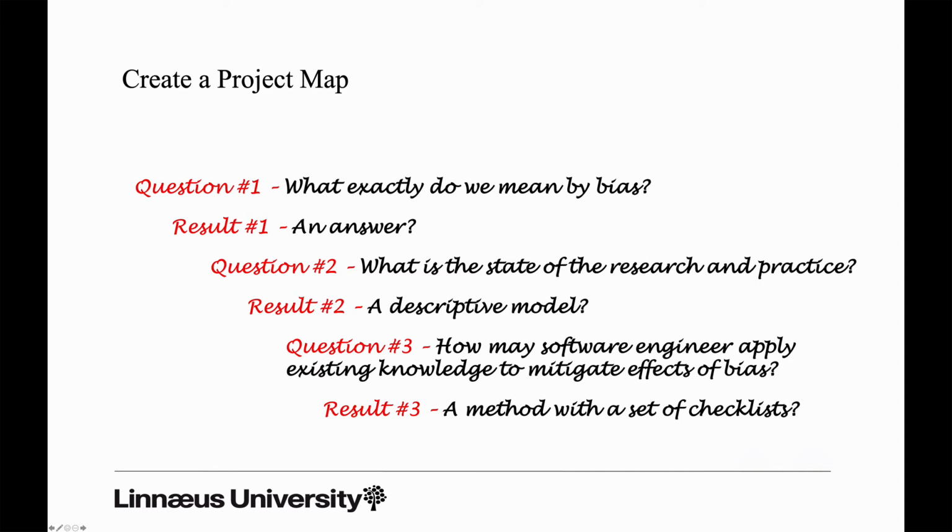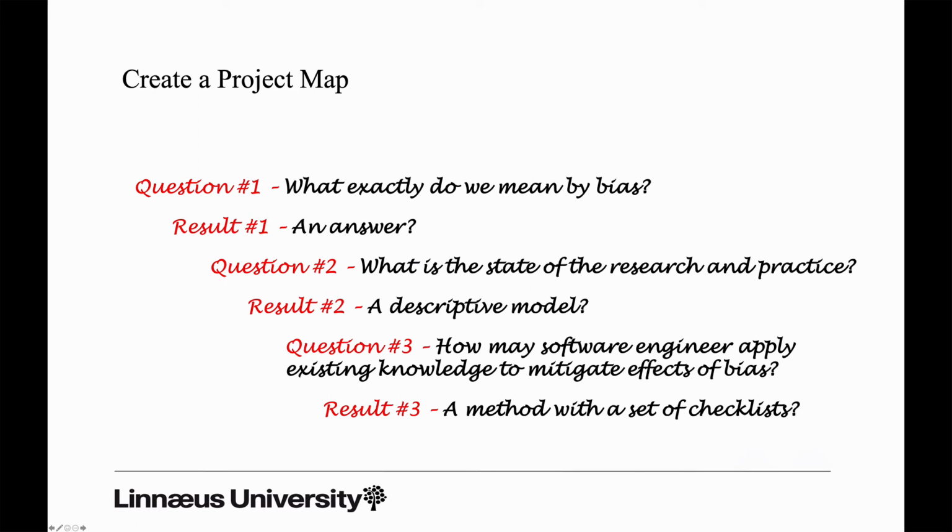Okay, so now you actually need to process this and again go back to Shaw's paper and see if there is something that can actually be useful for software engineers when they design their software systems in order to mitigate the effects of bias? Well, here we need a technique or a method or whatever we choose to call it.